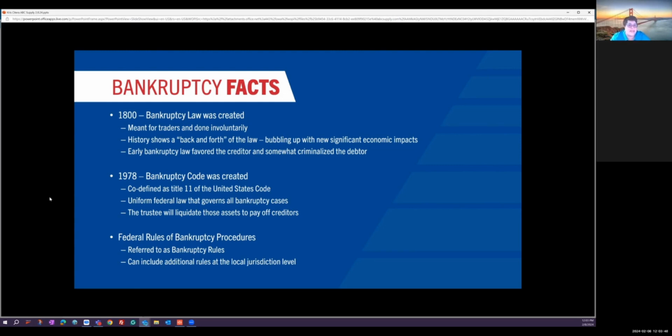It started in the 1800s, and the genesis of it was because they were having some problems with fur traders that were pulling disappearing acts, so to speak. So they came up with a very simplistic law that says, hey, I can take your assets to pay me for what you owe.